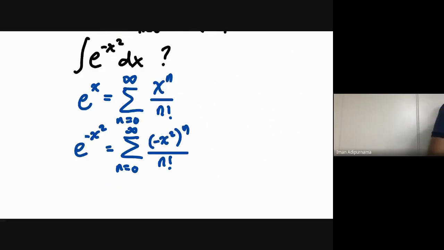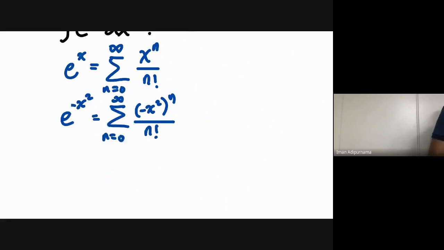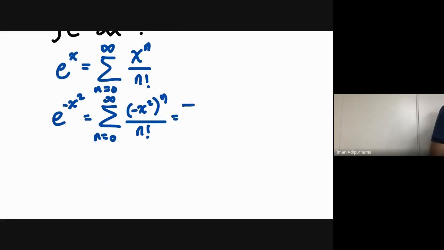And this is our sum for e to the negative x squared. We can simplify the sum, become (-1)^n as the alternate sign, and x^(2n), and we can expand this series.